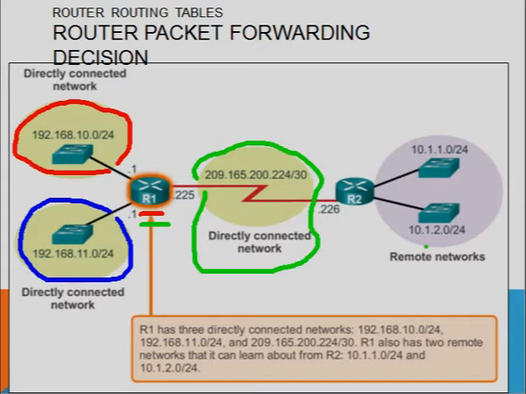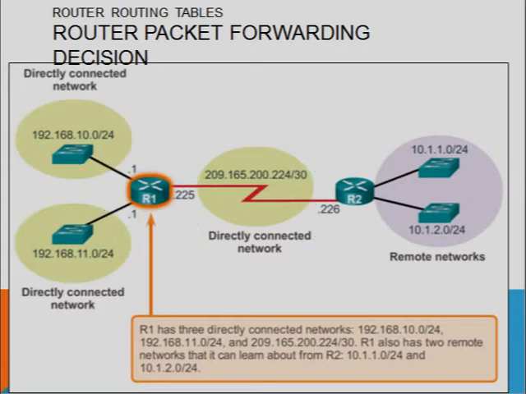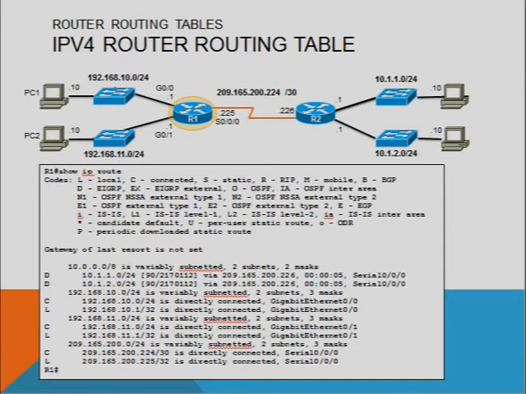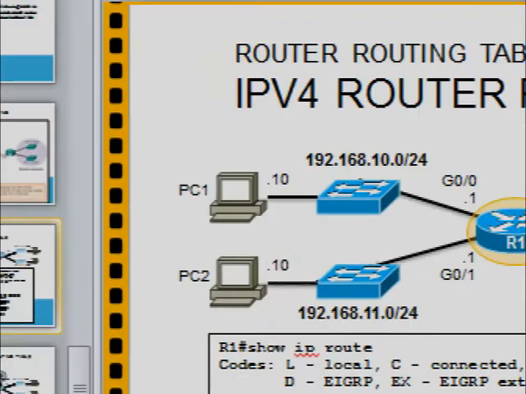So these are the three directly connected networks to the R1 router, and for the R2 remote router, you have other networks that are connected, shown in the diagram. From the IPv4 Cisco router, we can view the directly connected networks.